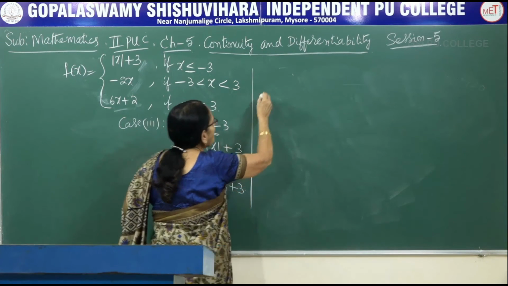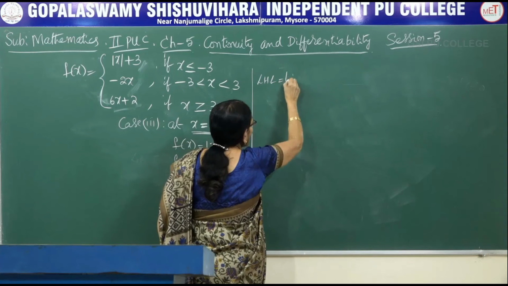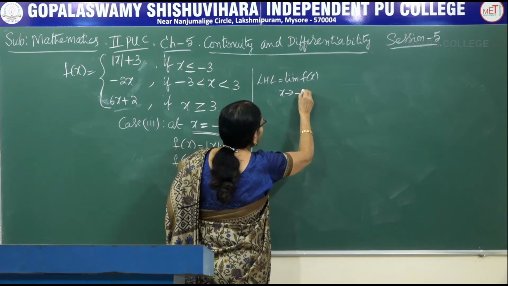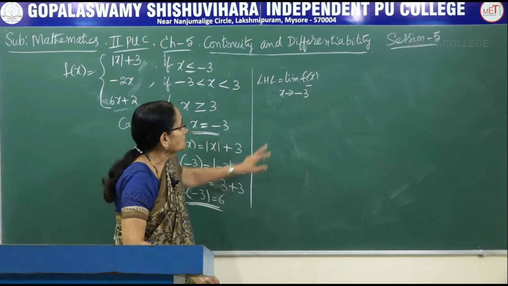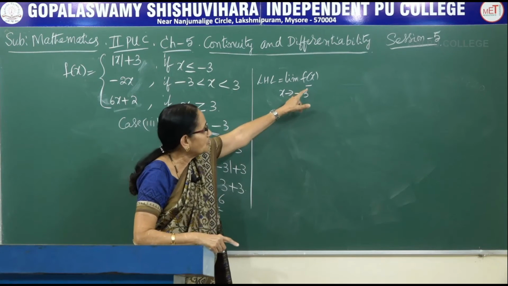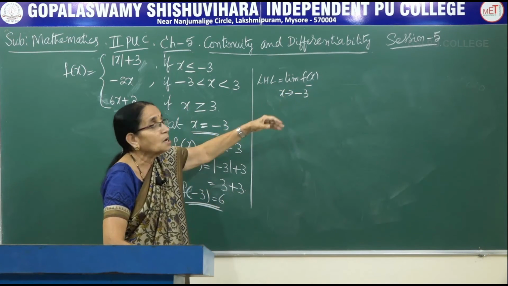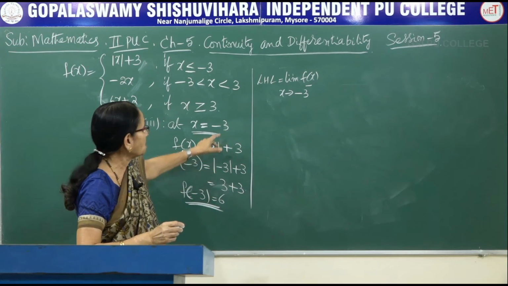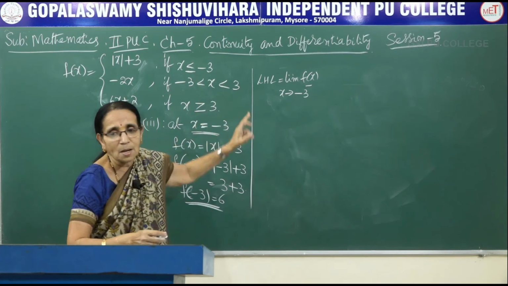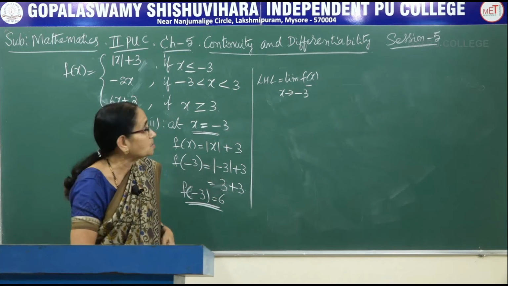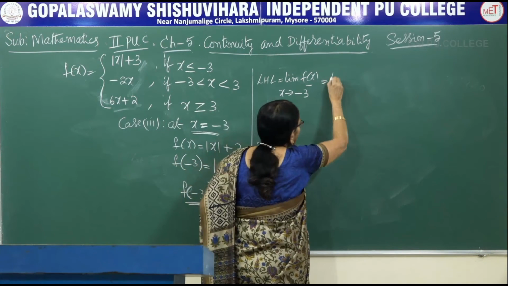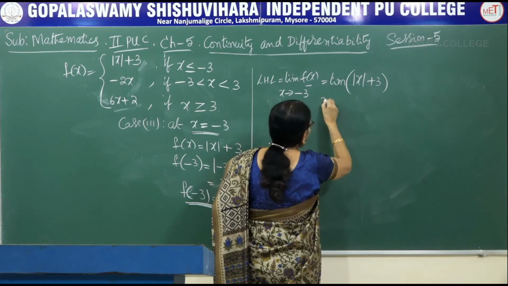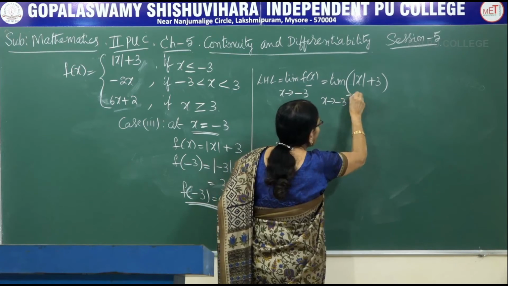So for this point, we have to consider the left hand limit, that is limit of f(x) as x tends to minus 3 minus. Minus 3 has to be substituted, and that superscript minus shows that we are calculating the left hand limit. And how is the function defined there? For the left hand limit, the function is defined as modulus of x plus 3, that is equal to limit of modulus of x plus 3, and x is tending to minus 3 minus.